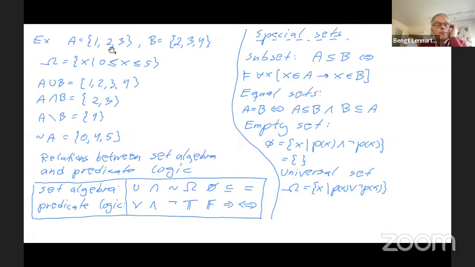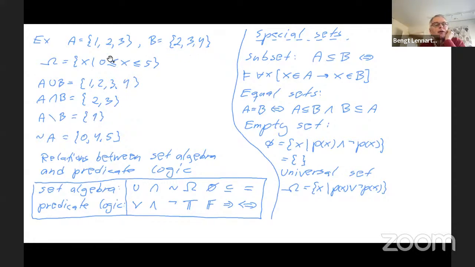So A is equal 1, 2, 3 and B equal 2, 3, 4. And the definition, the domain from 0 to 5 means that A union B includes 1, 2, 3 and 4, while the intersection is only the shared 2, 3 from both.